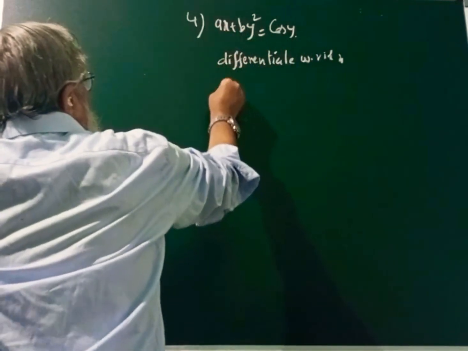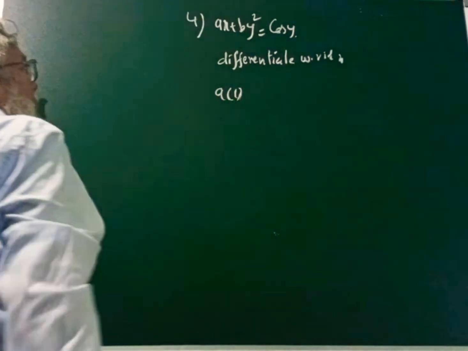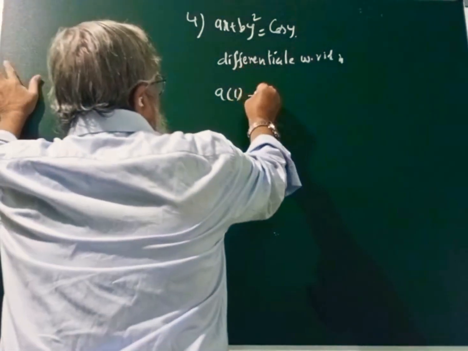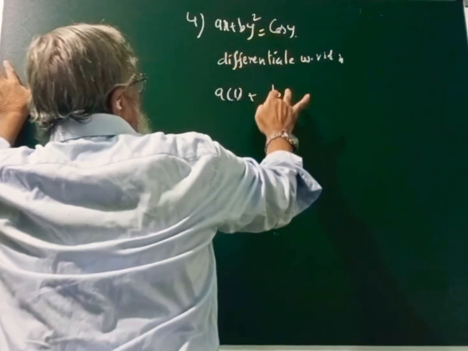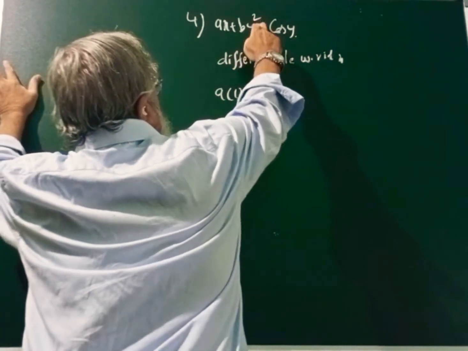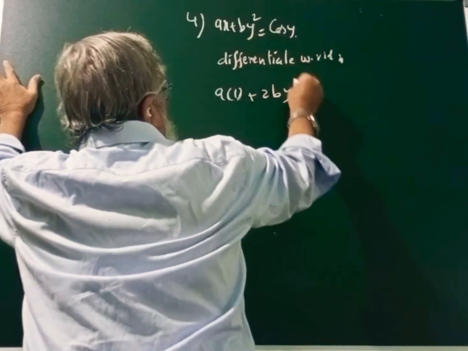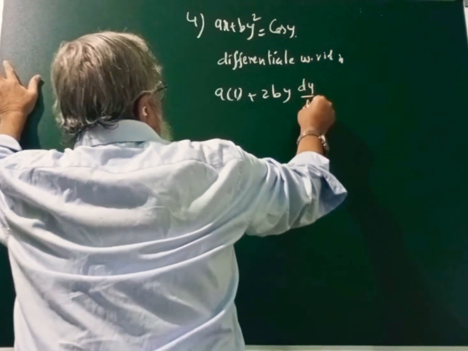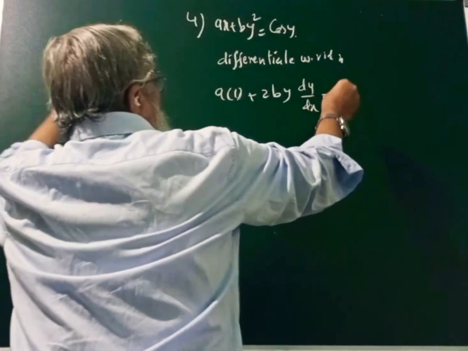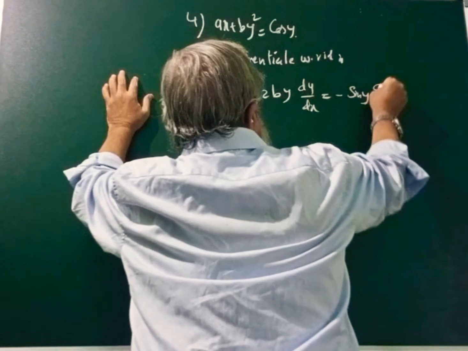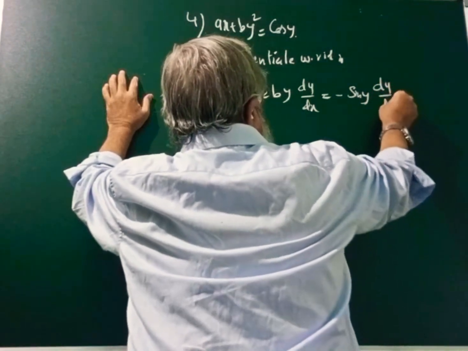Now see here, a into differentiation of x with respect to x is 1. Here b is a constant, it stays as it is. It is of the type x square, so differentiation of y square is 2y, and again differentiation of y is dy by dx. Differentiation of cos y is minus sin y, and differentiation of this y is again dy by dx.